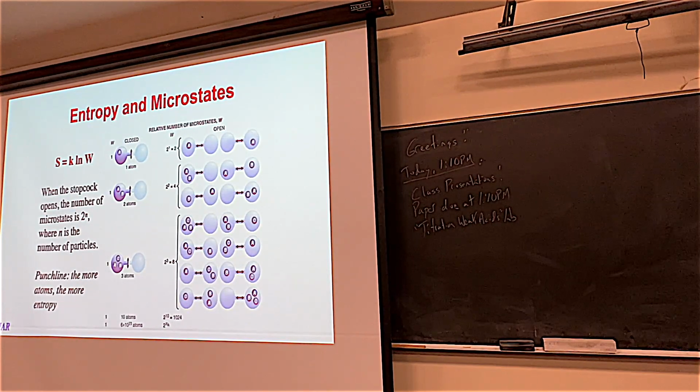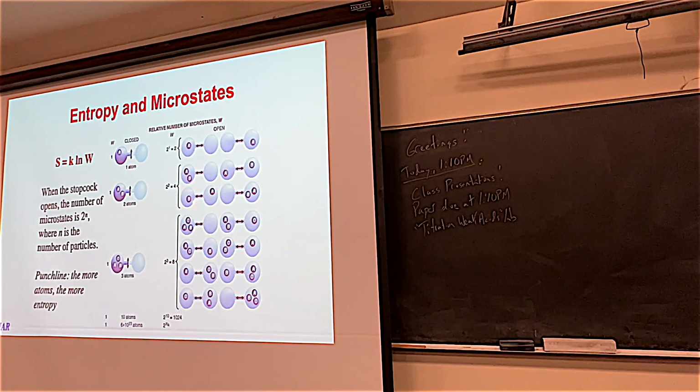Now, here's some examples. This is a molecule A, all right? And A can be on the left side, and A can be on the right side. So one single atom or molecule on the left or the right, this would be 2 microstates. It's more interesting, though, as you go up in the number of atoms.